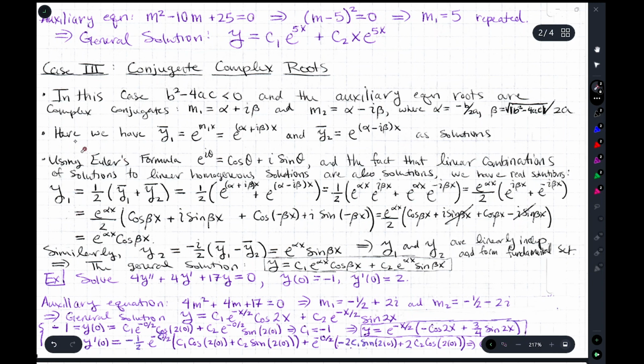Okay, so we then get two distinct solutions, one corresponding to m1, and so here's one solution, and here's the second. And in some sense, we could just be done. In advanced textbooks, you are done at this point.